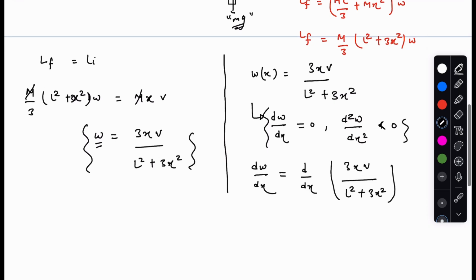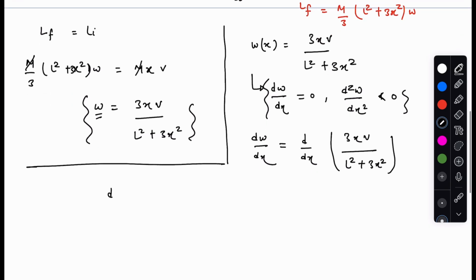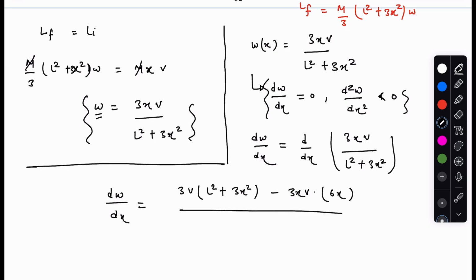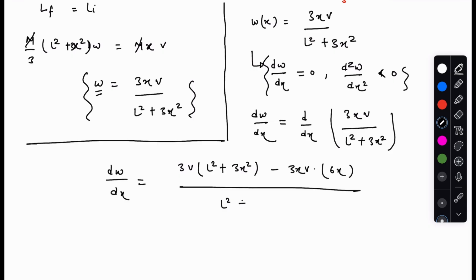So d omega by dx becomes the numerator differentiation, which is 3v, multiplied by L square plus 3x square, then minus 3xv times the denominator differentiation, which is 6x, all divided by (L square plus 3x square) whole square, and now you equate it to 0.